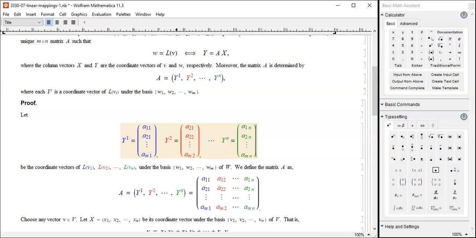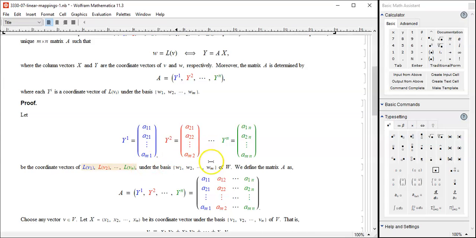Let y1, y2, y3 all the way up to yn be those columns, the coordinates of the basis vectors L of V1, L of V2, L of V3, all the way to L of Vn. And in order to see this better, I did the color coding like this. Now, if you have different bases, then you have different coordinates.